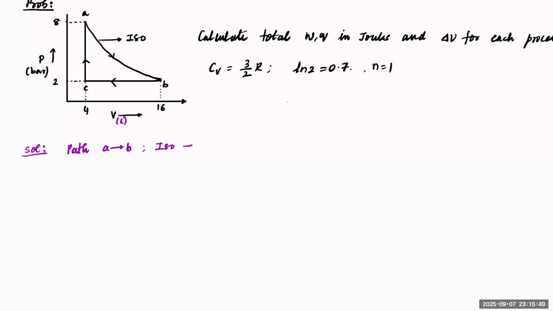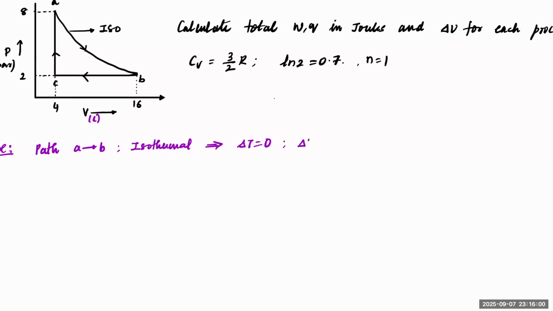Isothermal implies delta T is 0. If delta T is 0, definitely delta U from A to B is 0. If that is 0, then Q A to B will be equal to minus W A to B.